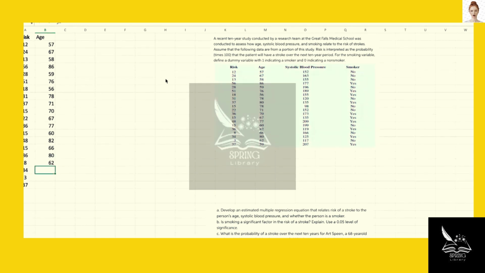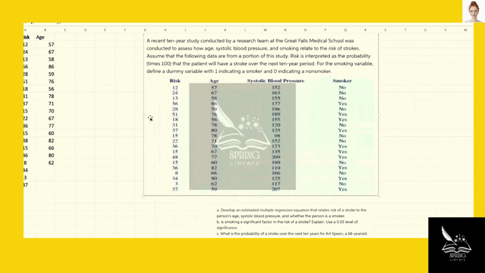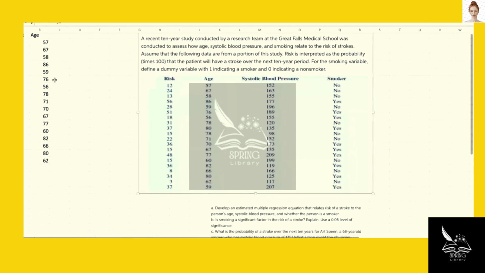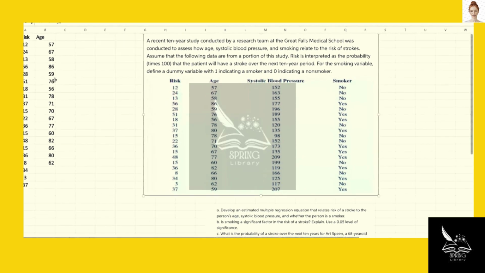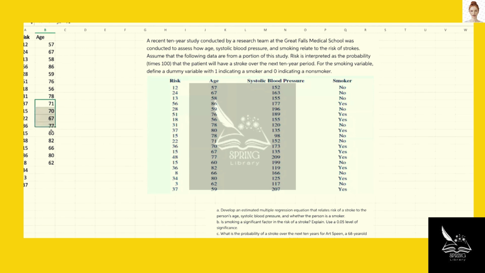And I definitely went somewhere wrong. I'm going to make this bigger so that way I can see possibly where I went wrong. So I have 57, 67, 58, 86, 59, 76, 56, 78, then it goes 80.